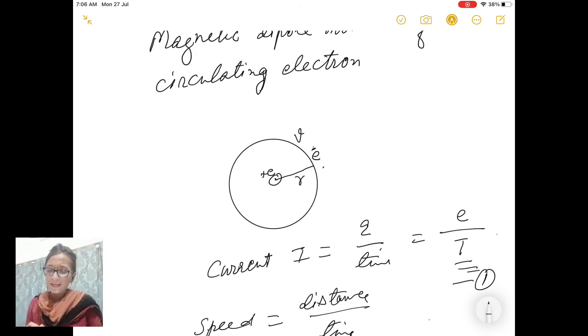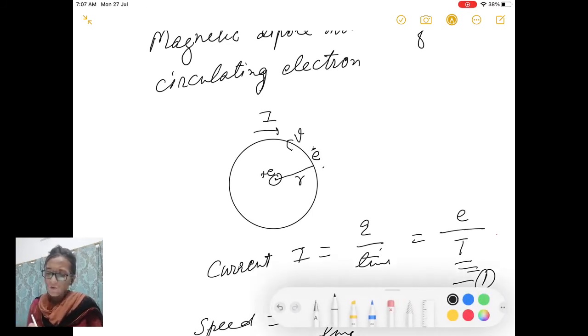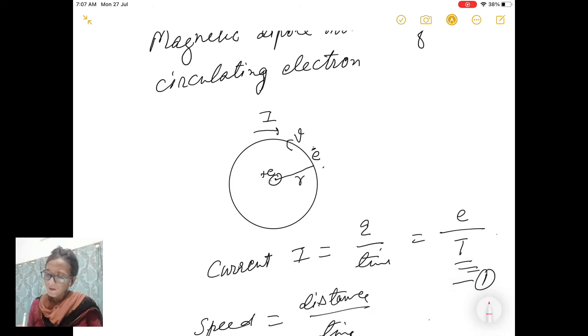Here you have an electron moving in this direction, and opposite to that, current is flowing. So when you use the right hand thumb rule and place the curl of your finger along the direction of current, you find that magnetic dipole moment is along inward direction.